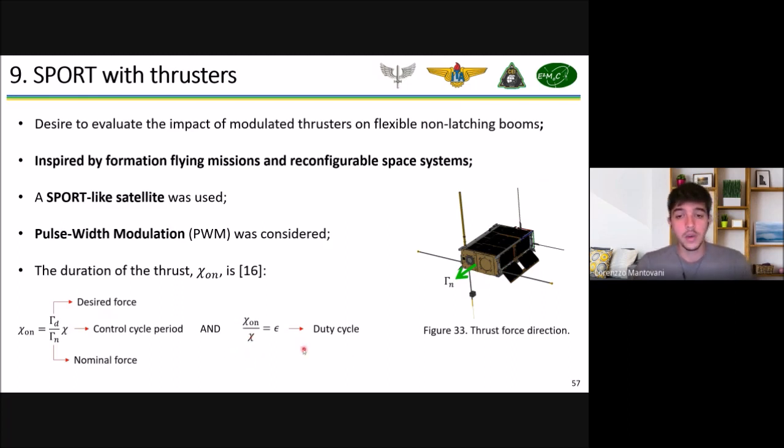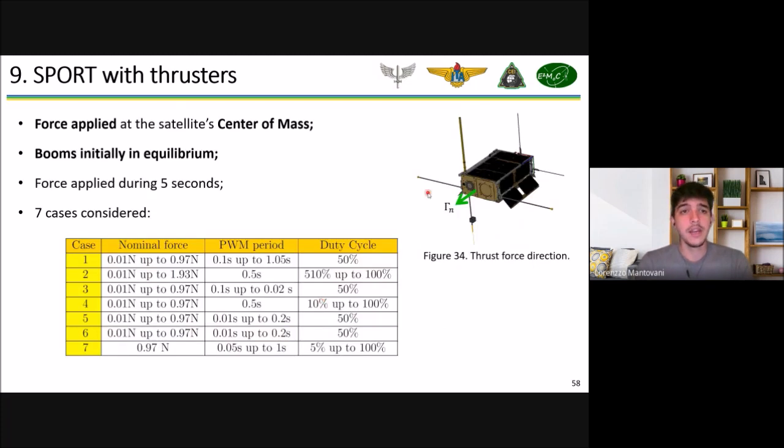So what we did was to vary the duty cycle, nominal force, and control cycle period to see how they would impact our system. We applied force at the system center of mass, not the hub center of mass, so it would not induce any rotation or torque, and all the booms are initially in equilibrium.